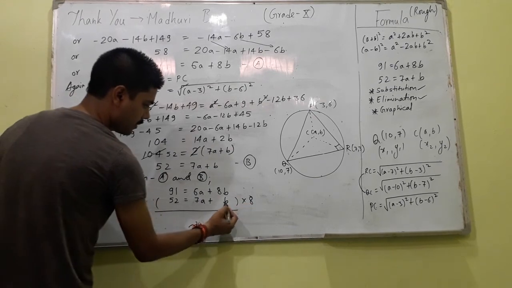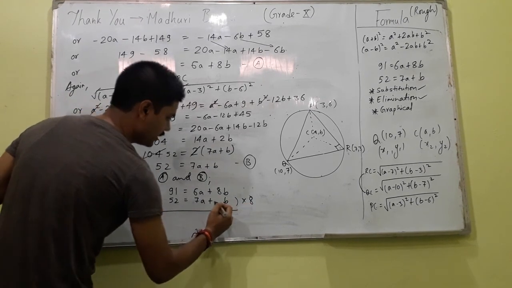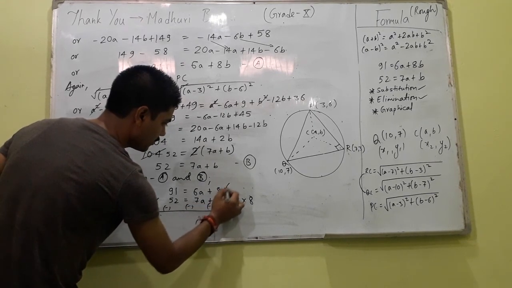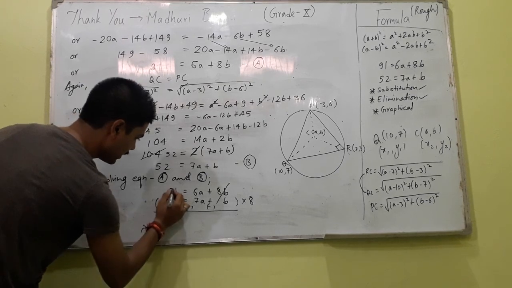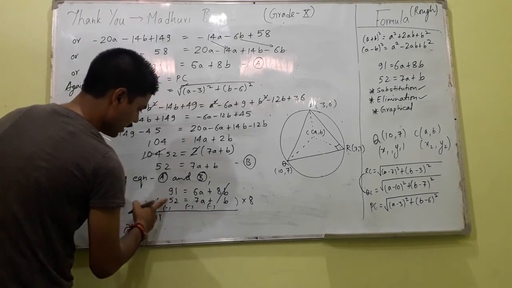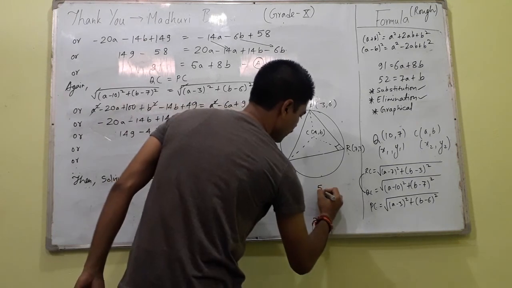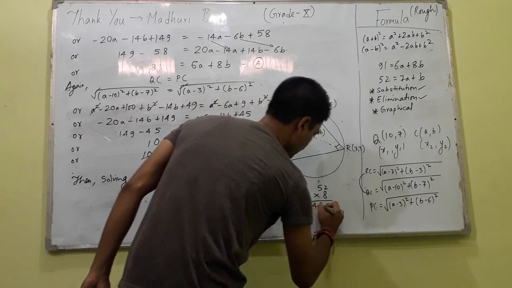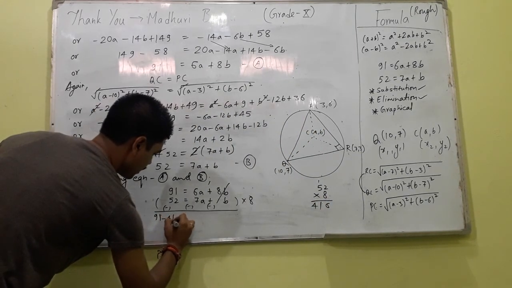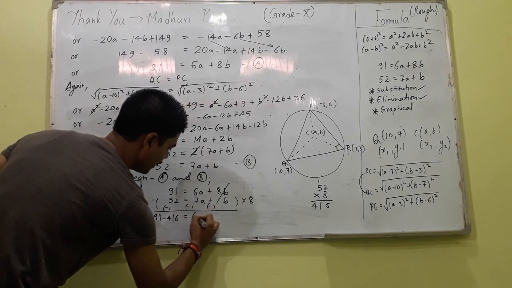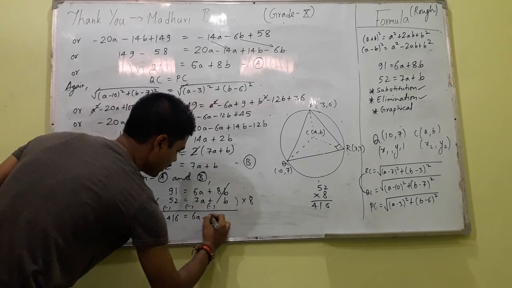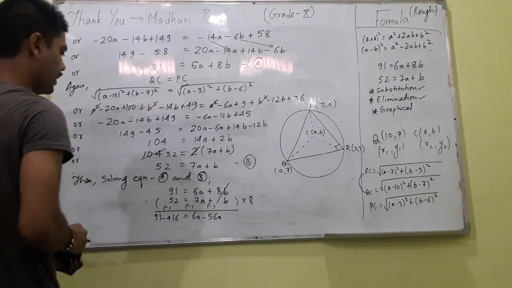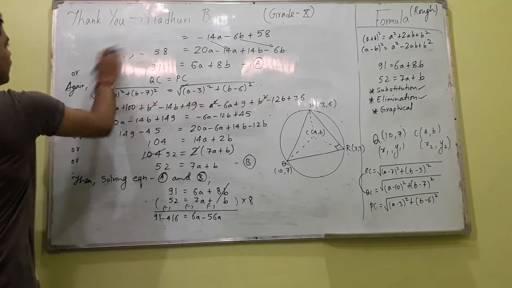When we multiply 8 into b, it becomes 8b, and now subtracting them, 8b minus 8b will be cancelled, and here you will get 91 and 52 into 8, 416, and here 6a, 7 into 8, 56a. Because b is eliminated there, that is why it is called the elimination method.